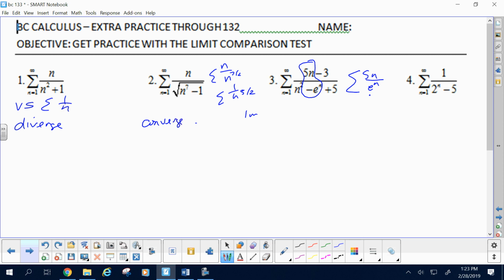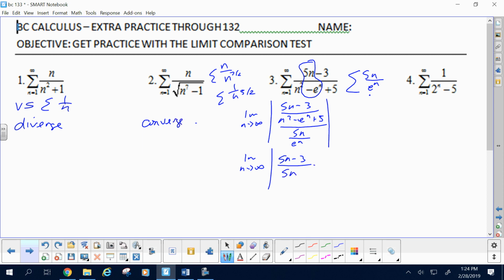So if I do the limit comparison test to that, carefully so you don't mess up the limit, as n goes to infinity of 5n minus 3, I'm going to put that over 5n, and e to the n would come up here, and it would be n squared minus e to the n plus 5. Just a little gymnastics with those.